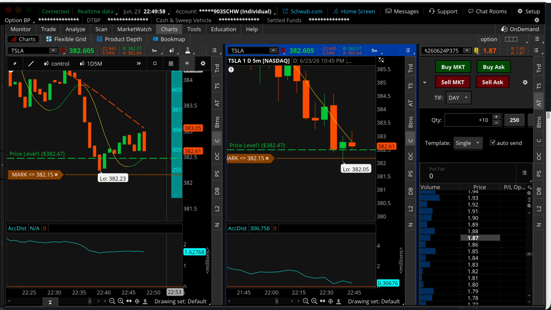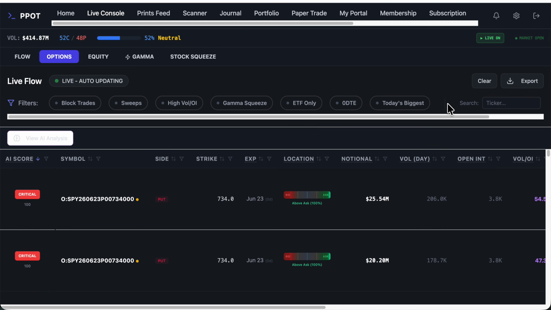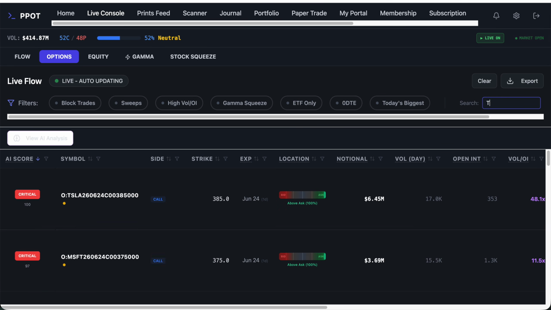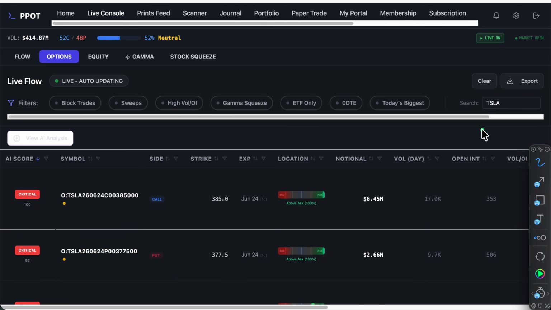So what I'll do is let's go over the PPOT Analytics AI engine so you can see how I found it. I type in the ticker here and we're going to come over here. So that's the ticker, Tesla. I'm going to click side because I want to see the puts.